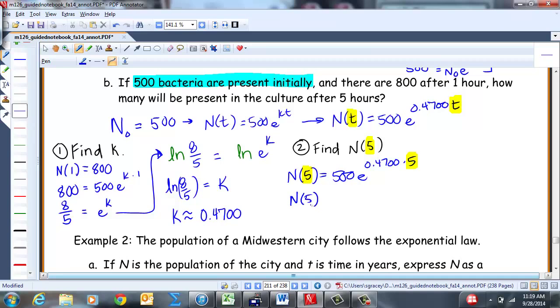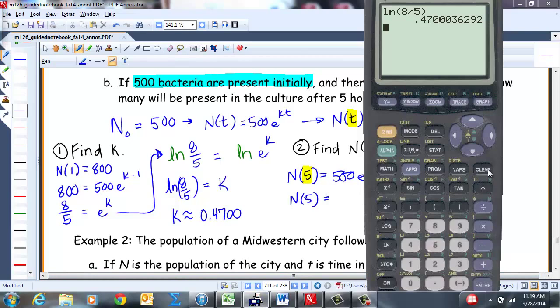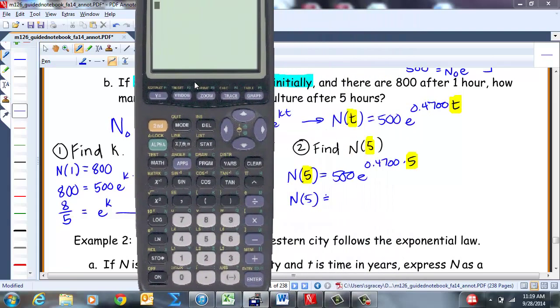N at 5 is approximately, so now we go to the calculator. We have 500 times e to the 0.4700 times 5.